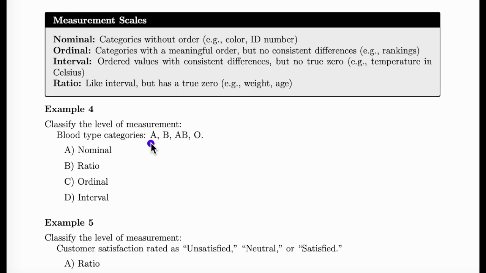Can it go from increasing to decreasing, or is there some kind of rank that one is more important than the other? Because these don't have any kind of order to them, this would be considered nominal. Nominal are categories without order. So I would choose A for this example.